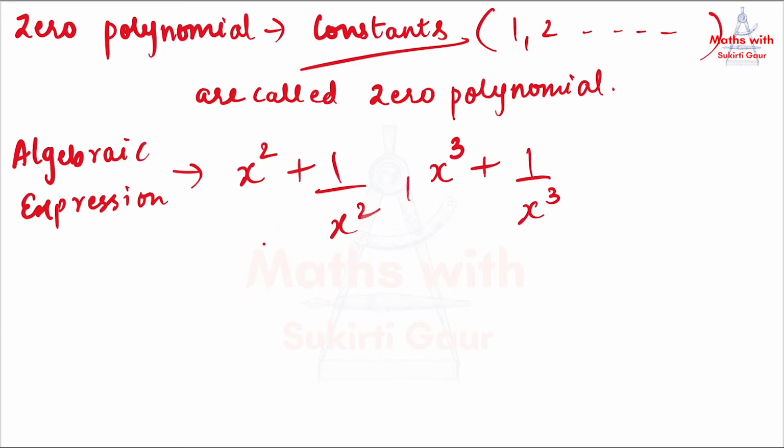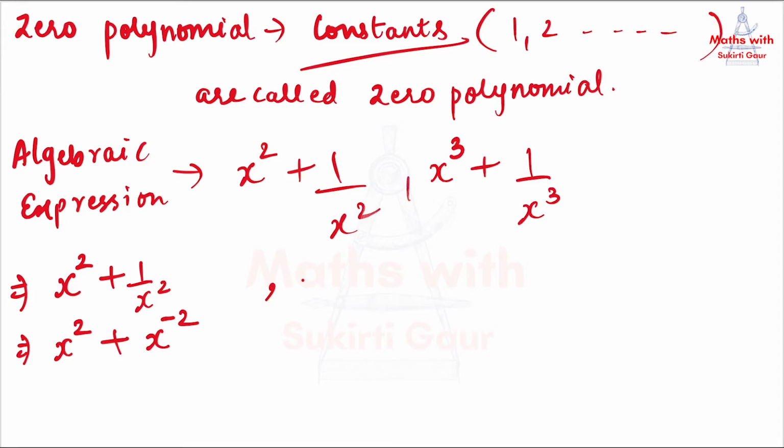Now, will I consider these two algebraic expressions as polynomials? Let us check. If I talk about the first, x square plus 1 upon x square, can I write this algebraic expression as x to the power 2 plus x to the power minus 2? Yes.